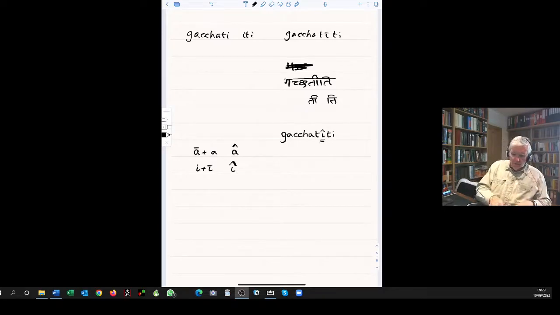We now move on from the visarga. And by the way, if you're having a problem learning all this by heart, don't worry. Maybe you could say the 80-20 rule applies, sorry, I've got the 80-20 rule all wrong. 20% of these rules will be applying in 80% of the applications.